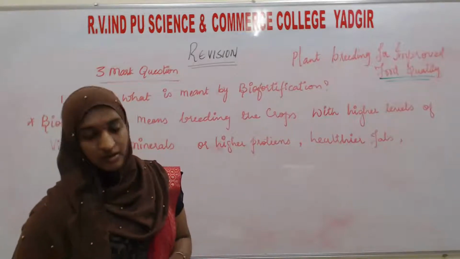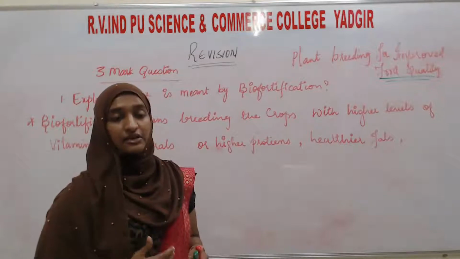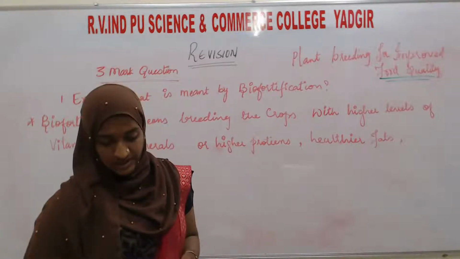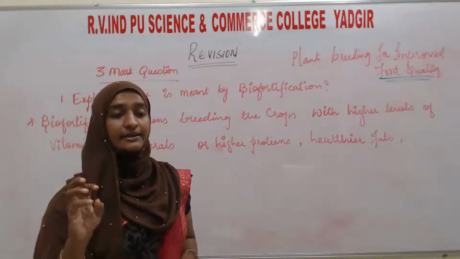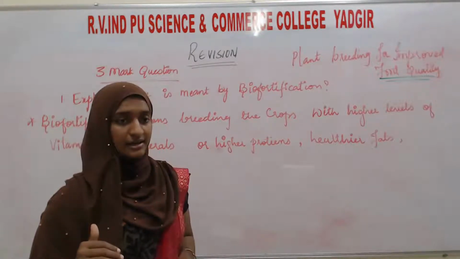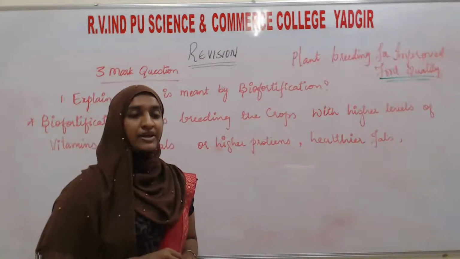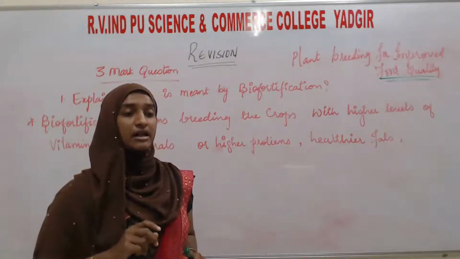So what happens if such types of essential micronutrients are lacking in the diet of human beings? It will lead to, especially, a lack of iron, vitamin A, iodine, zinc. If these nutrients are lacking, that person may suffer from many diseases. Okay, and that condition we can say as malnutrition.